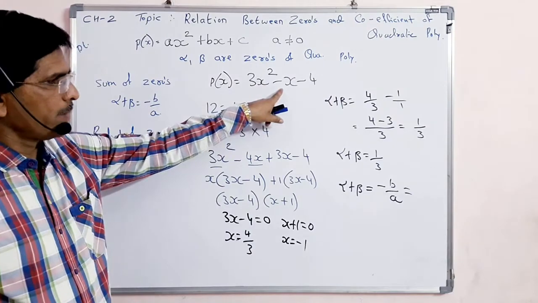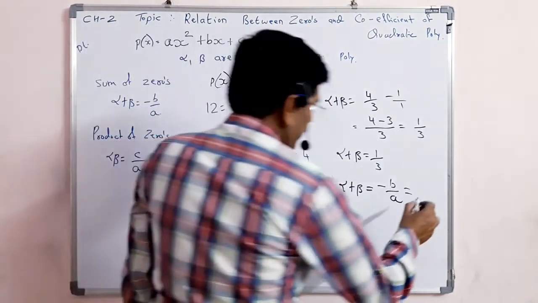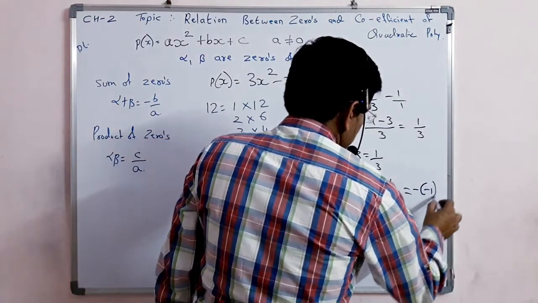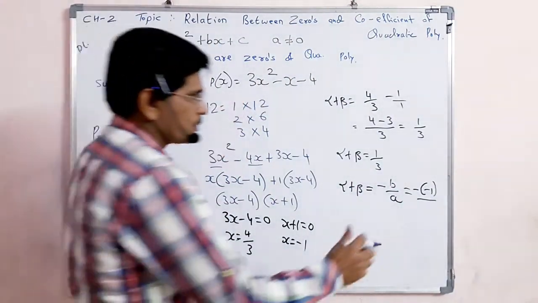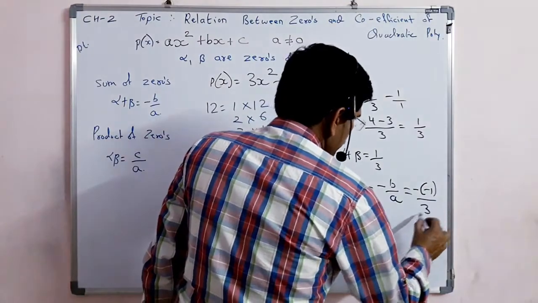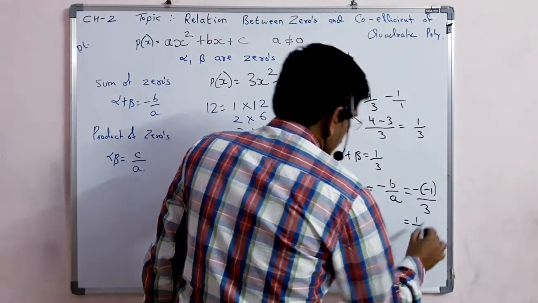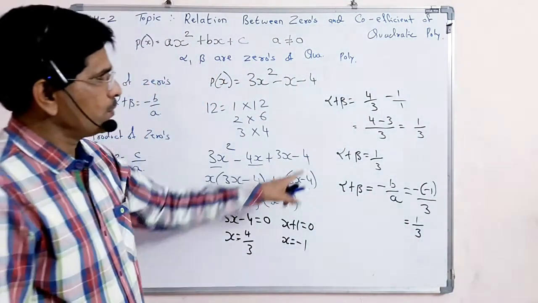Here b is equal to minus 1, so in the bracket I write minus 1, and as a I write 3. If we simplify, we get the answer 1 by 3.